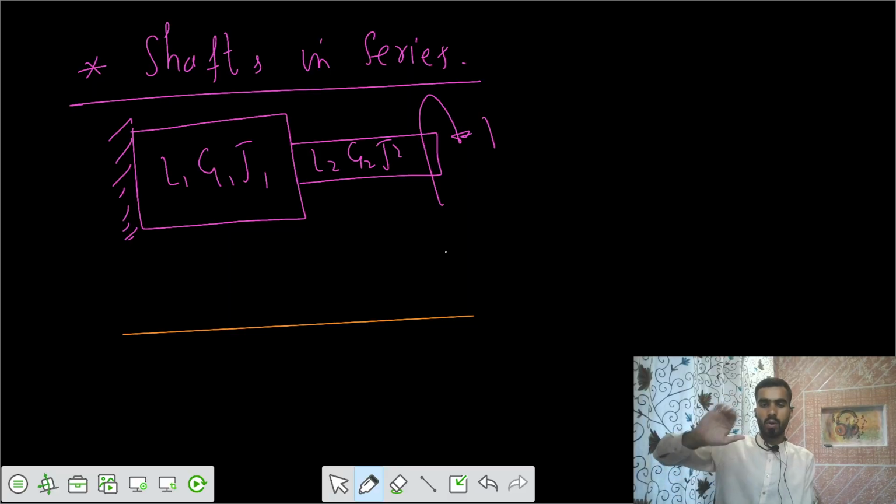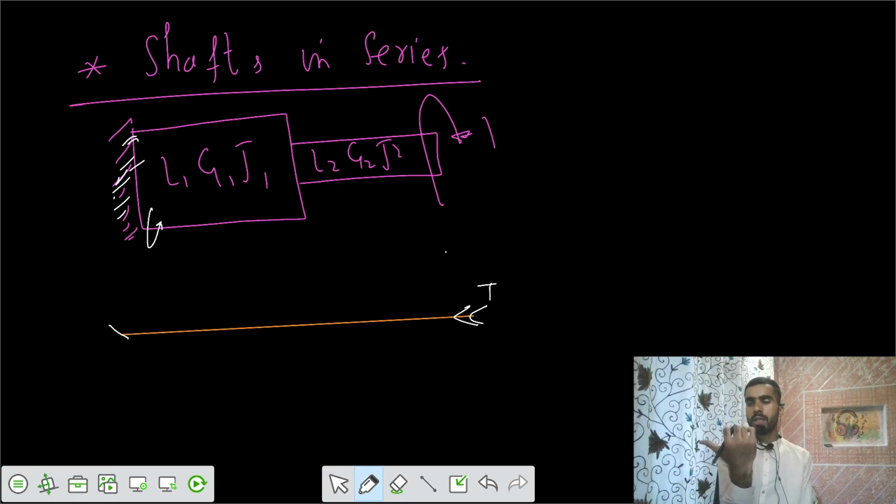You're applying a T clockwise, which means the thumb is pointing towards the cross section. Based on this, the direction developed at the fixed end would be anti-clockwise T, that means the thumb is pointing towards the section.